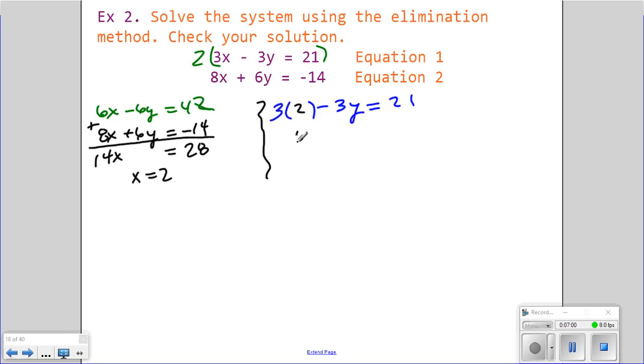So 3 times 2 is 6 minus 3y equals 21. Subtract 6 on both sides, you would get negative 3y equals 15. Divide both sides by negative 3, you would get y is equal to negative 5. So the solution to this system is 2, negative 5.